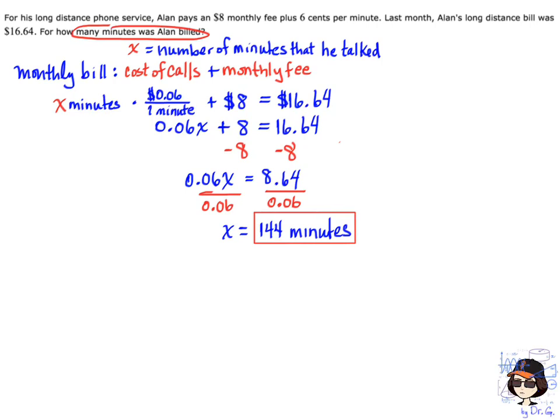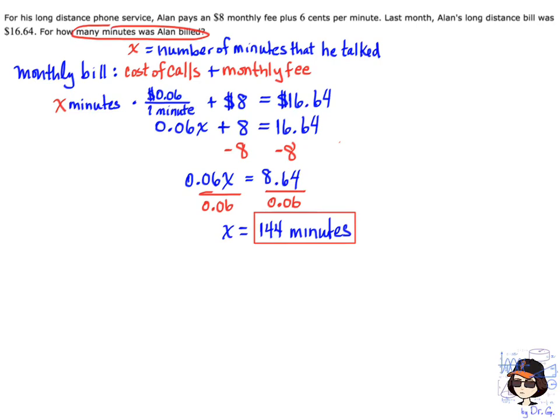So as you go forward, in all your word problems, the first step is to define your variable or your variables, write down the equation, solve the equation, and then circle your answer and include the units. You will lose points if you don't have units in your answer in your word problems, okay?